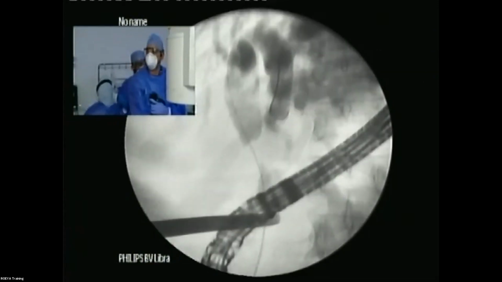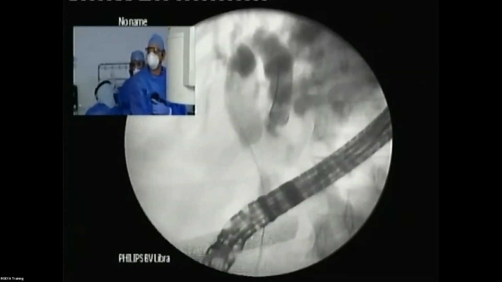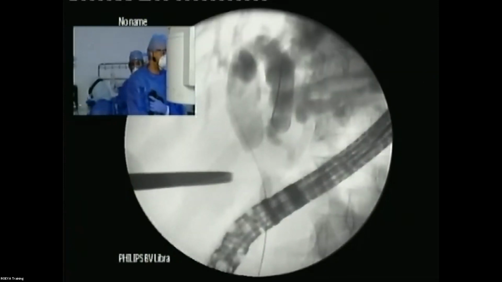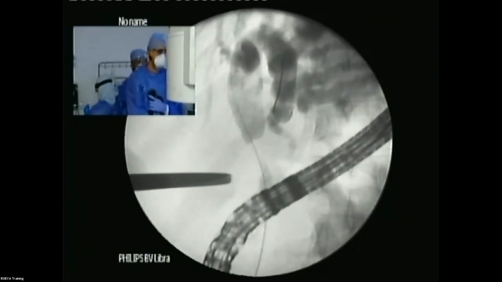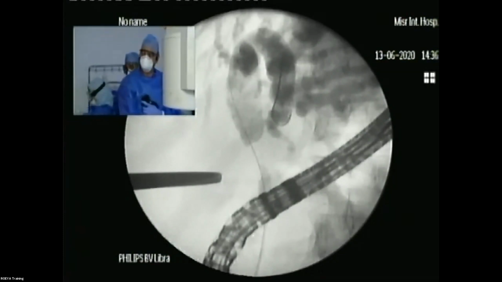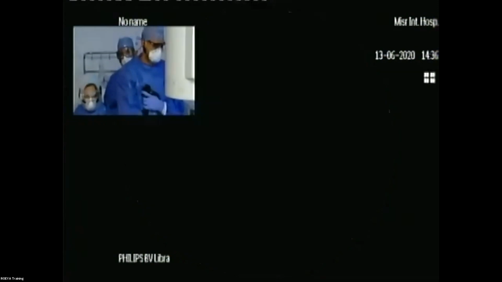As you can see, we are all in the room protected with maximum PPE. Also, can the cameraman come nearer to the faces of the doctors and the nurse? Yes, I zoom in, because they like to see the protection.